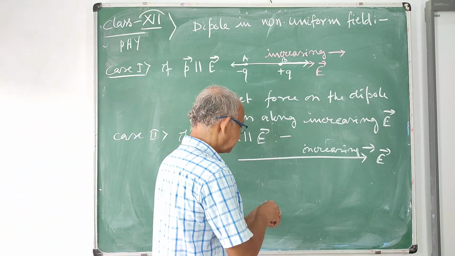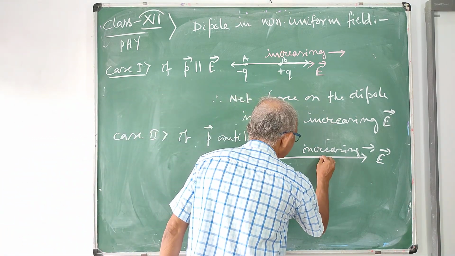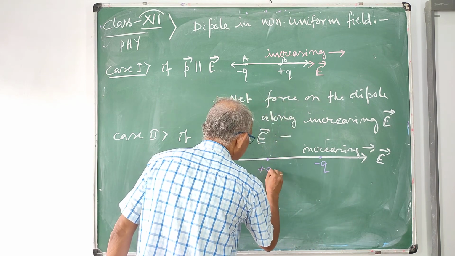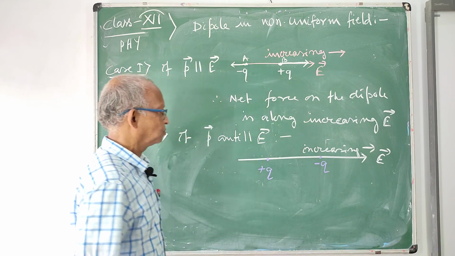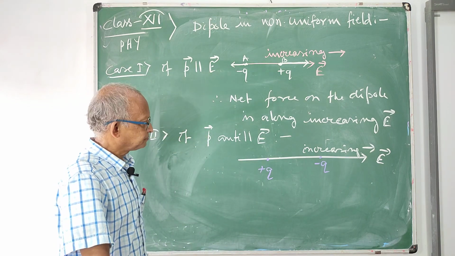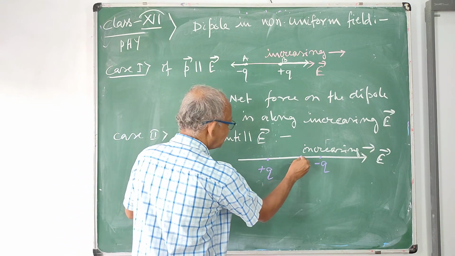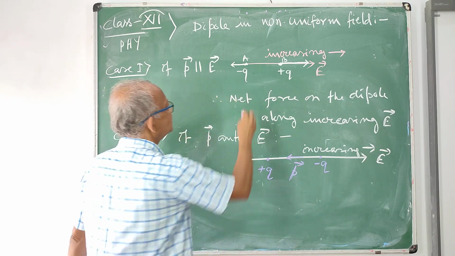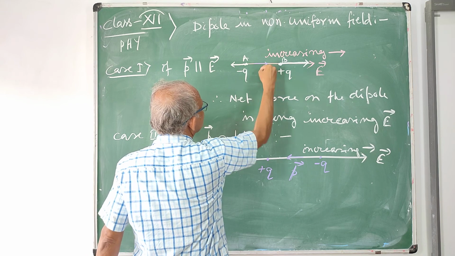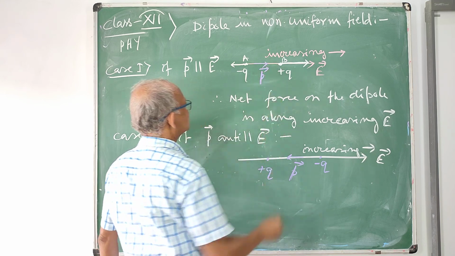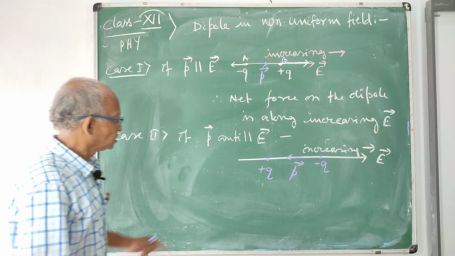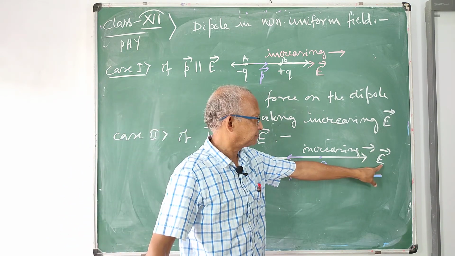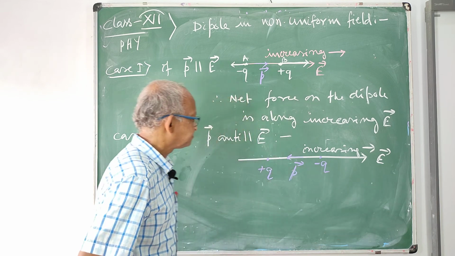So here is minus q and here is plus q, so that the dipole moment P, in this case, obviously, this is the dipole moment. So the dipole moment is opposite to E, anti-parallel to E.